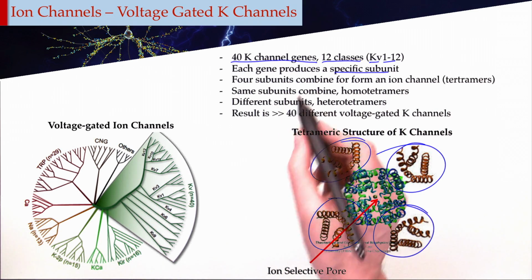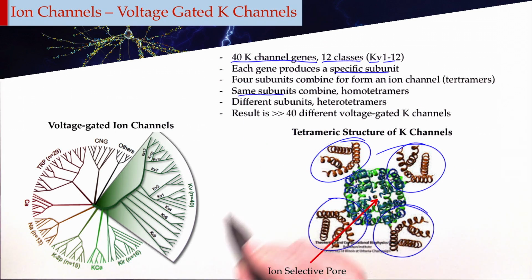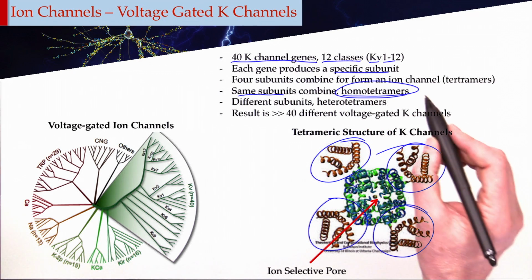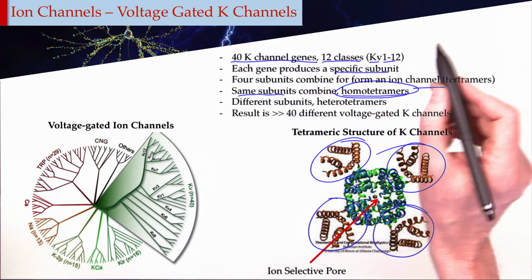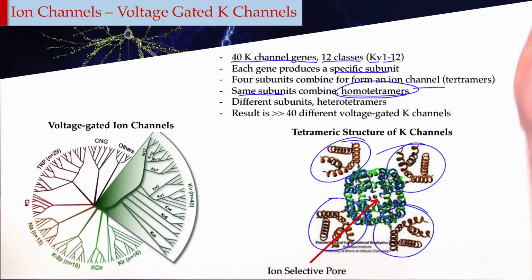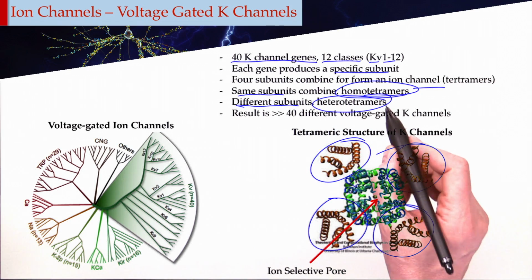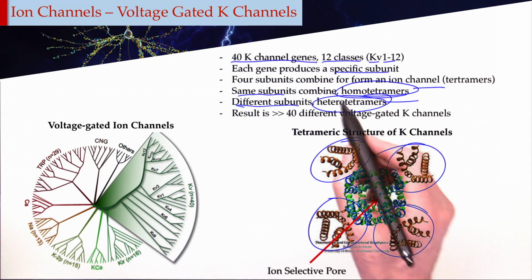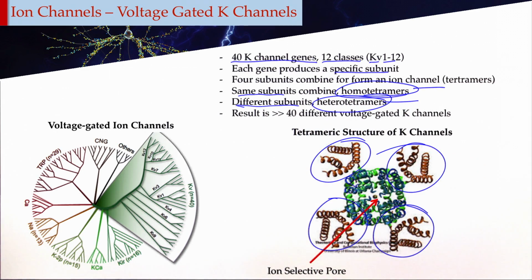If one gene produces all 4 of the same subunits, then you have what's called a homomeric channel. But you can have 2 genes, each producing 2 subunits, and when they combine, you have what's called a heteromeric channel. Homomeric for the same, heteromeric for different subunits combining.